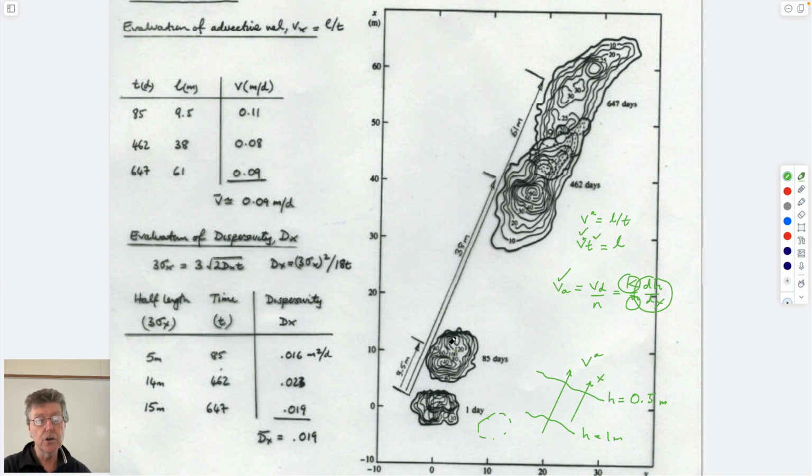So you know where to start looking for your pin cushion. And then you take the assay of that. You repeat it after a year and a third, and you repeat it after almost 2 years, and you get this behavior. And so the bottom line is, at this point here, you have a length.